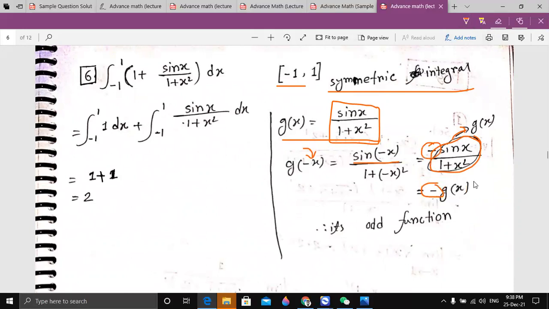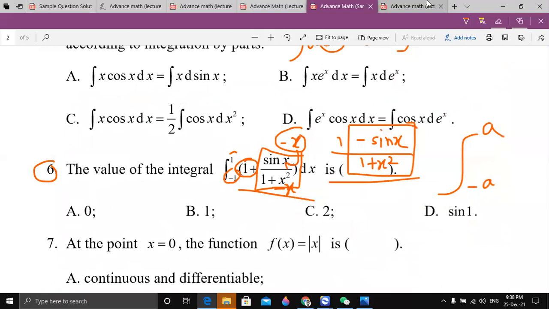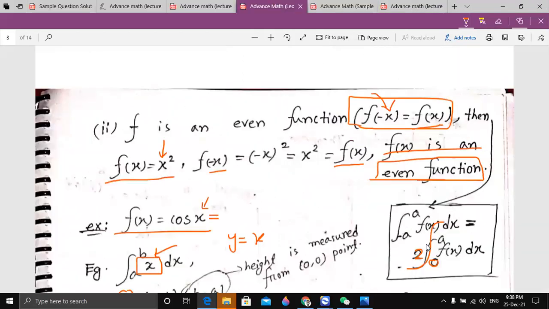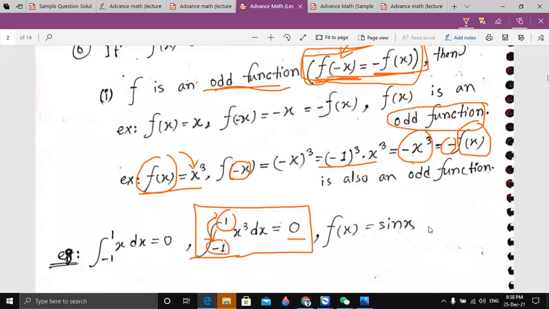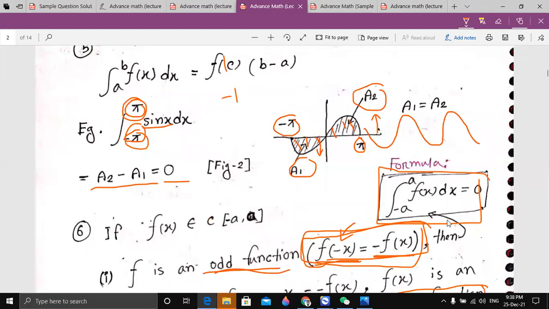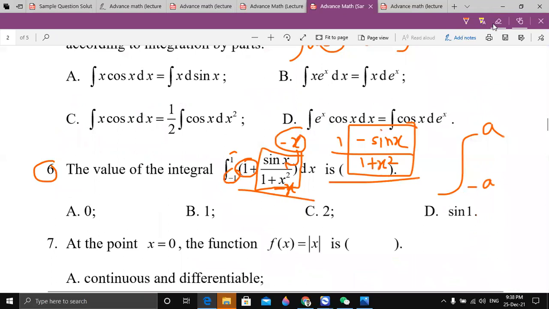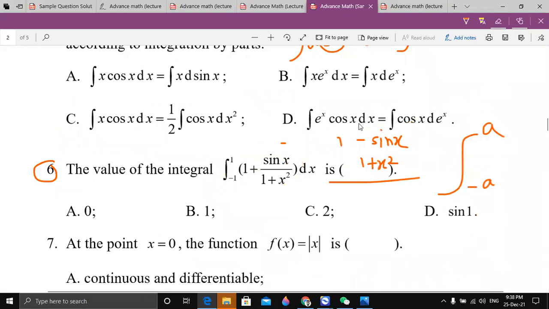So ultimately the answer is minus g of x, okay? So as it is minus g of x, we can say that it's an odd function. So for an odd function, we know that the value is 0, right? So instead of all these things, we can write 0, okay? And now let's calculate this part. Integration of minus 1 to 1.